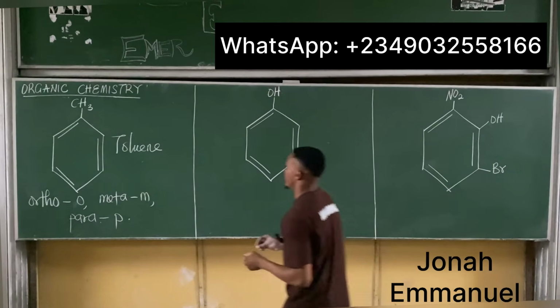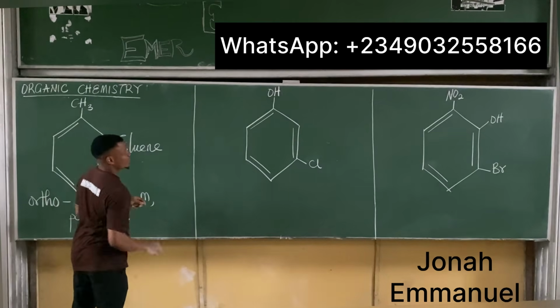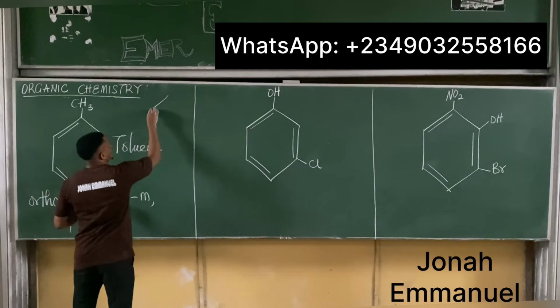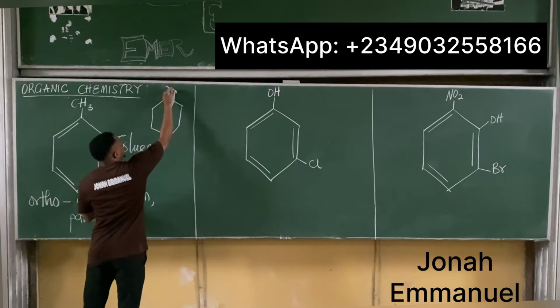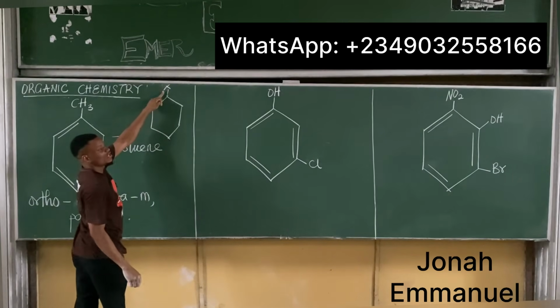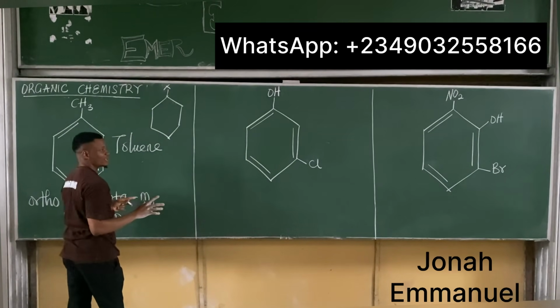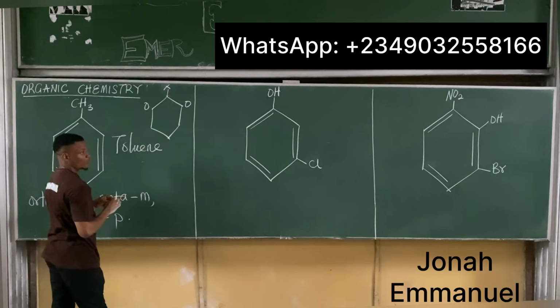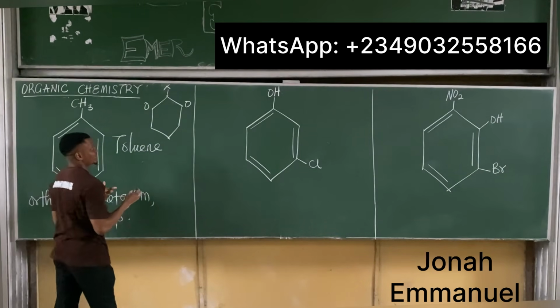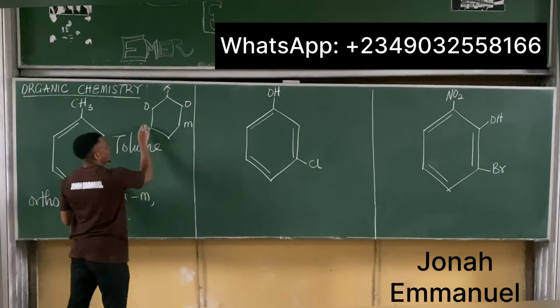On your benzene ring, here are your positions, please. So here's my benzene. Here is where your major substituent is attached. Your ortho has two positions. The ortho positions are here and here. Meta has two positions. The meta positions are here and here.